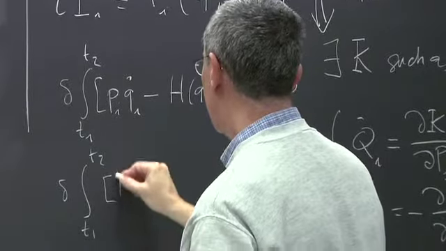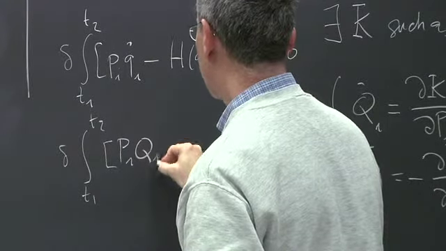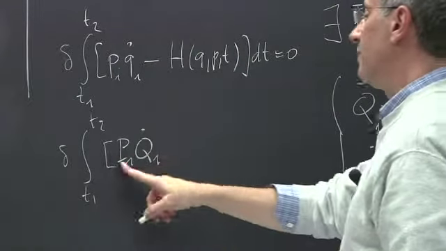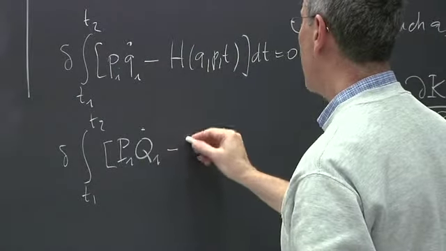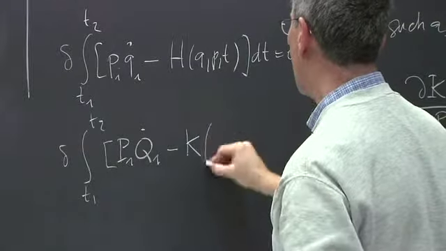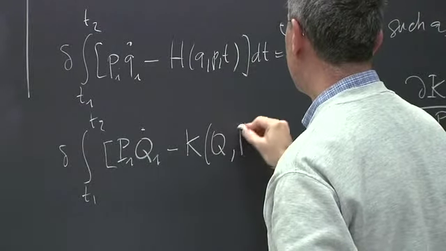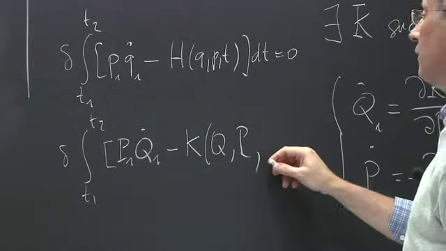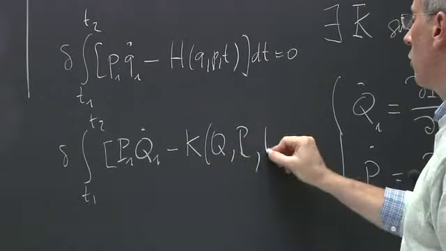the same for the big guys: big P, uppercase Q dot, minus this K that is the new Hamiltonian in the new uppercase canonical coordinates.